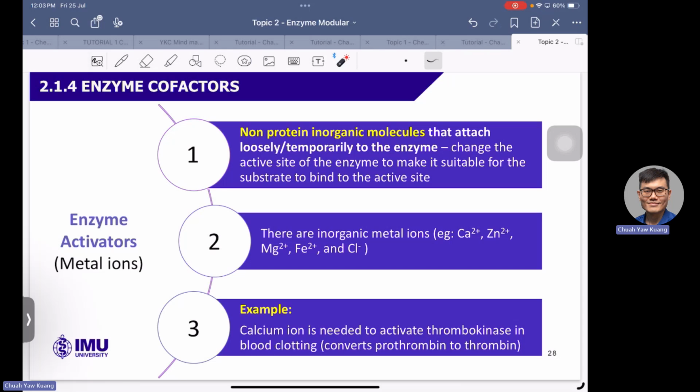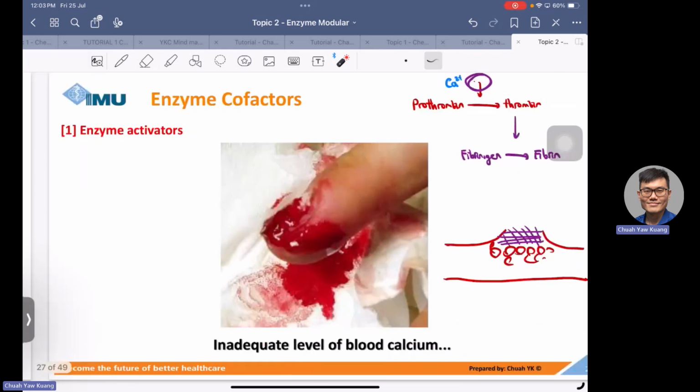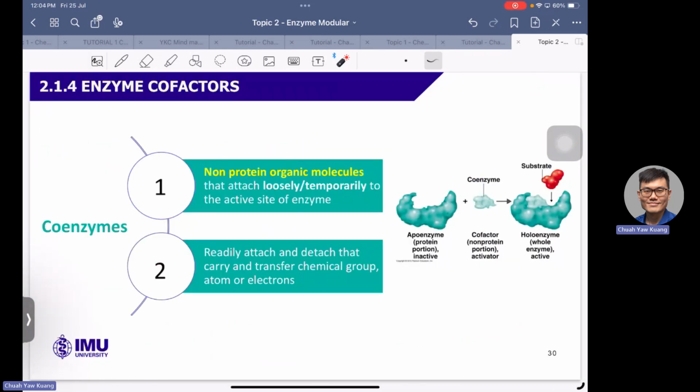Only then can the active site fit the substrate. That's how the enzyme activator works. They bind loosely and only temporarily, and then bind to other sites of the enzyme, changing the shape of the active site to make the enzyme more suitable to fit the substrate.